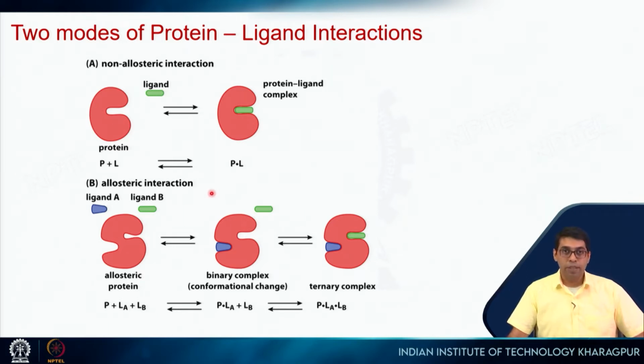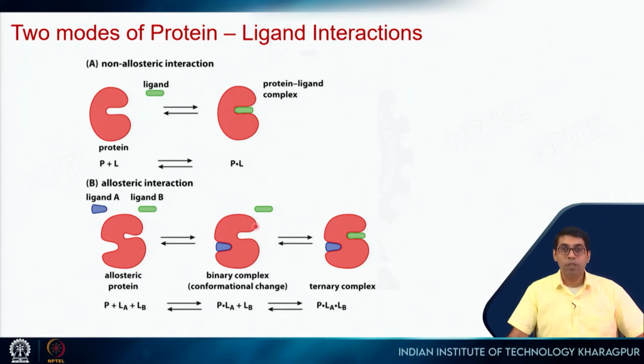The second type of interaction, which I am going to focus on mostly today, is allosteric interaction. In this case, there are two molecules. One molecule binds to a particular site of the protein. Here it is called ligand A, but we will call this a modulator. The modulator binds here, and that binding changes the shape of the binding site of the protein, which is at a distance.